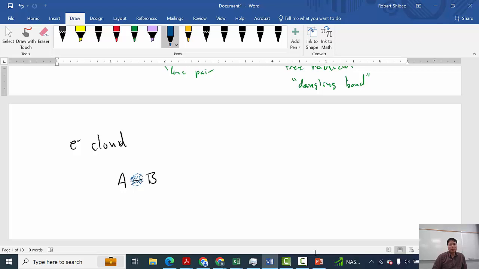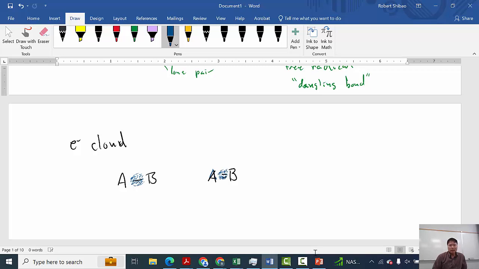If we have a single bonding group like this, then the electron cloud is going to be pulled in two directions. A is pulling on the electron cloud and B is pulling, and it depends on which one's pulling with more strength. If A and B are equal in strength, then we get a symmetric electron cloud like this. If they're unequal, then it's going to be an asymmetric electron cloud, but we're not going to get there in this case. So let's say it's a fairly even tug of war for electrons.